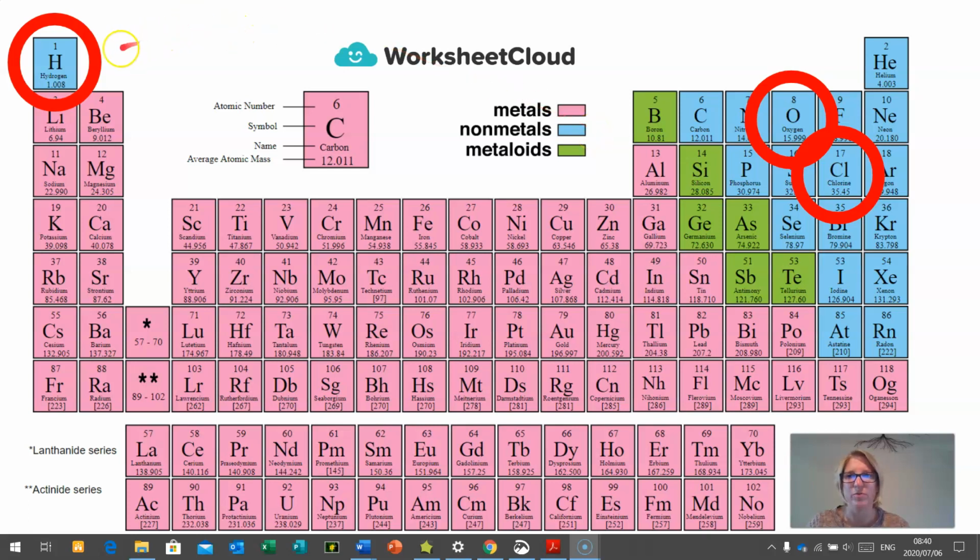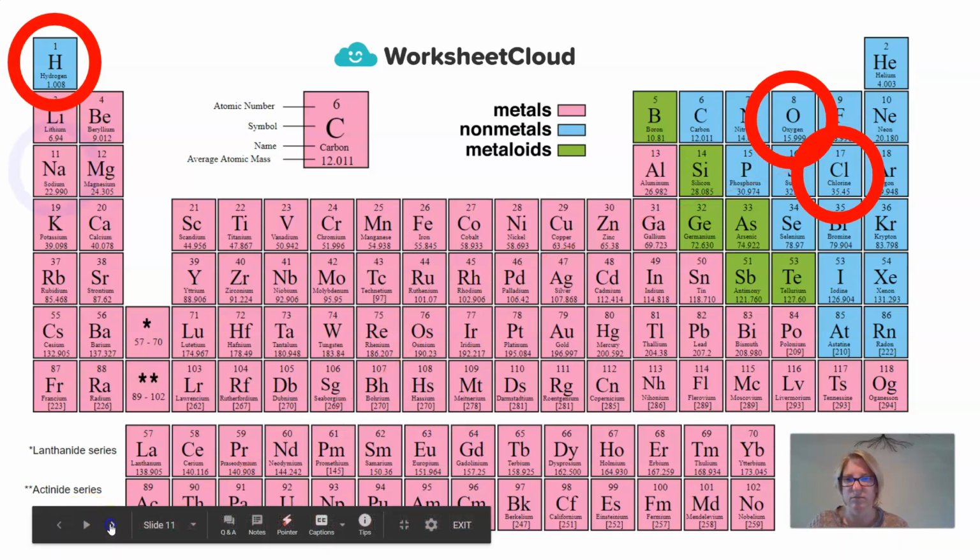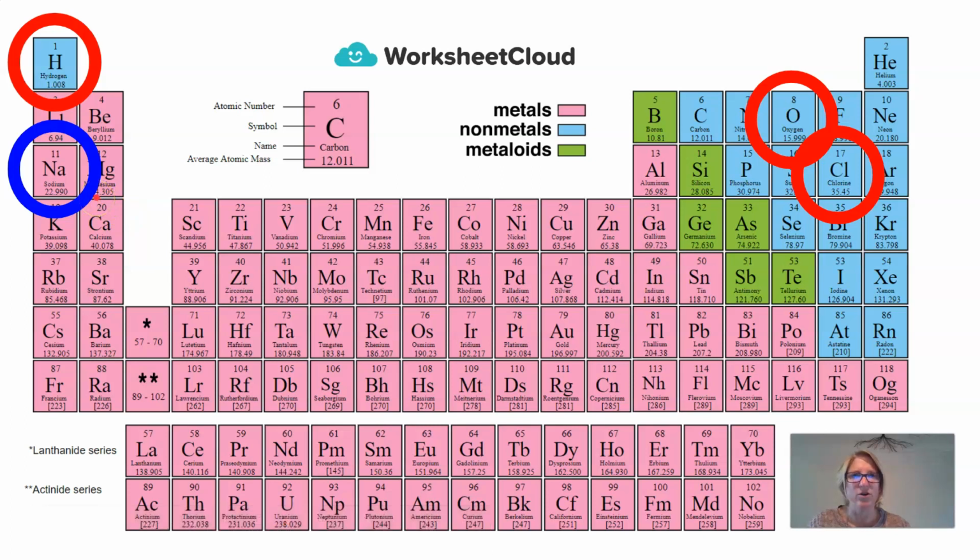So hydrogen we represent with a capital H, oxygen we represent with a capital O, and chlorine we represent with a capital C and lowercase l. The metal we are going to have a look at this lesson is sodium, that we represent with a capital N and a lowercase a.